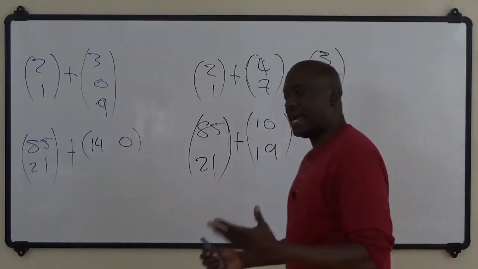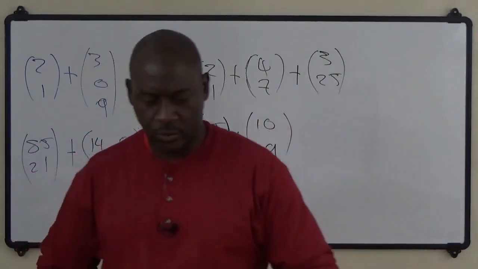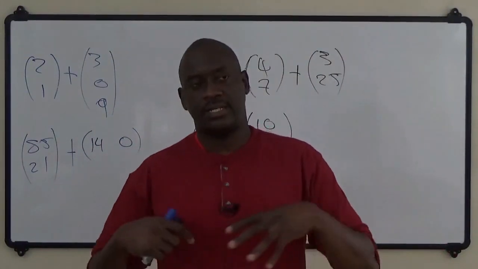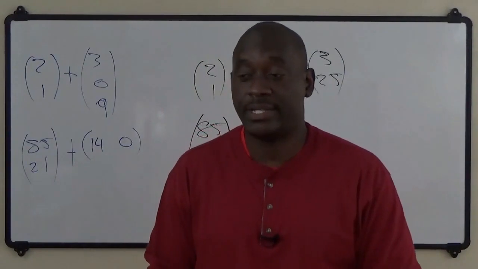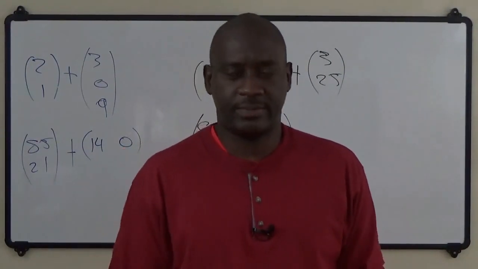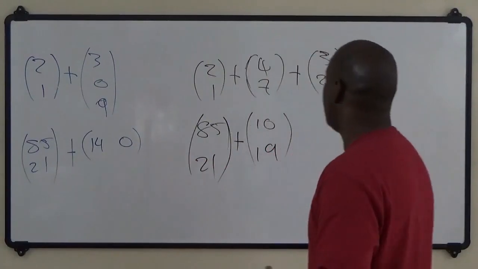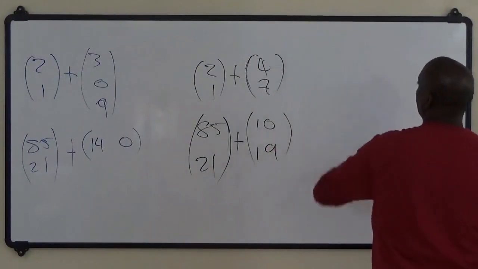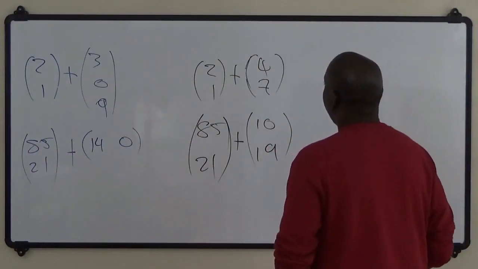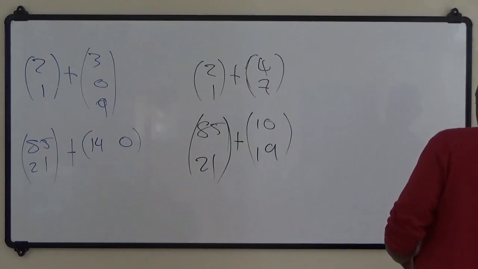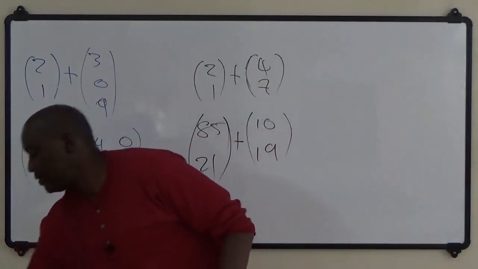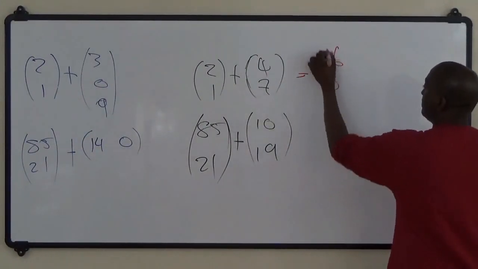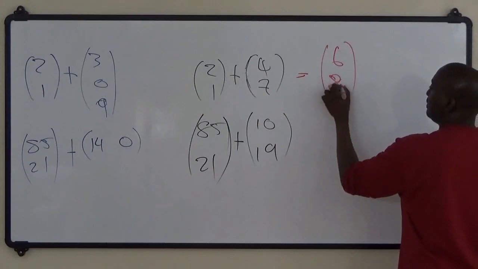Now, how do we add matrices? How do we subtract matrices? We simply add the corresponding terms if we add the matrices, or we subtract the corresponding terms if we subtract. So let me go back to where we were just now. We can add these 2 matrices, and the answer will simply be 2 plus 4 is 6, and 1 plus 7 is 8. The answer is 6, 8.